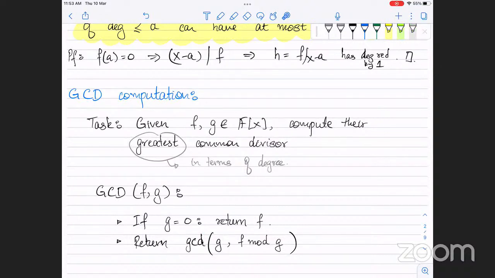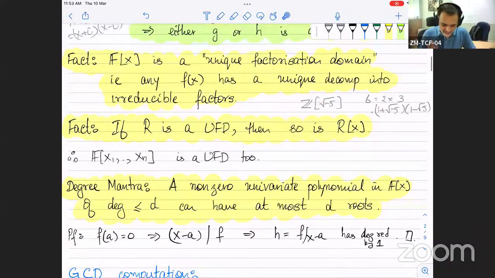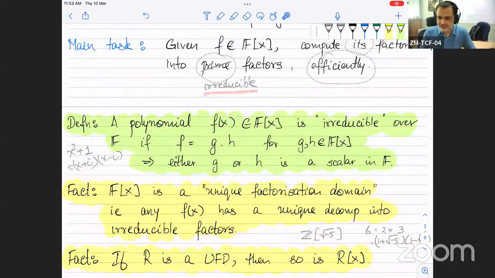I have a small doubt. Yeah. So for us, primes and irreducibles are same or different? I'm defining only irreducible polynomials. I'm not talking about what a prime polynomial is. But I was hoping to somehow sneak this into the problem set or something. We'll see.